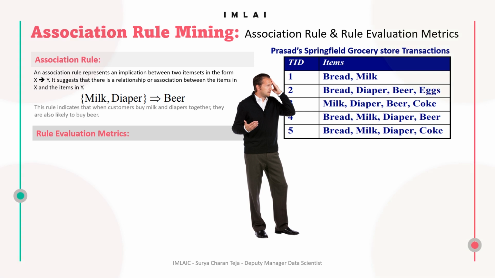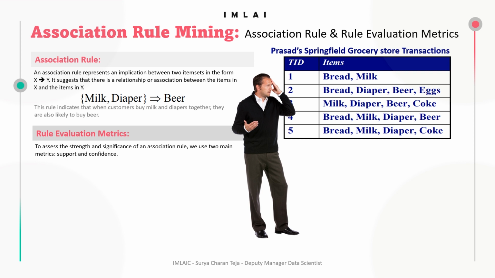To assess the strength and significance of an association rule, we use two main metrics: support and confidence. These are the two main ones, and we have one more, lift, which we will see later. So what is support now?